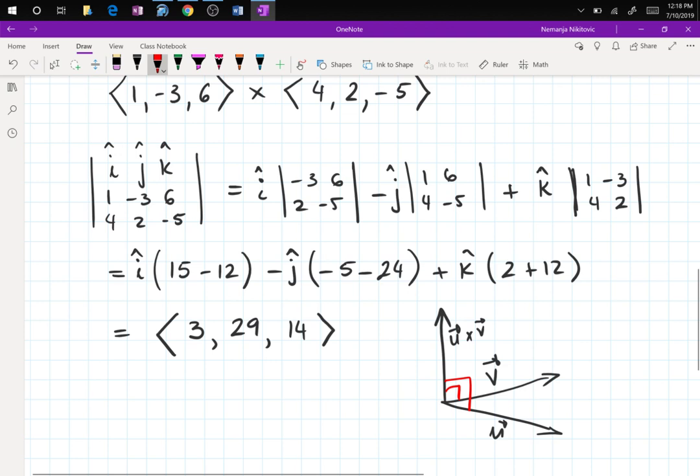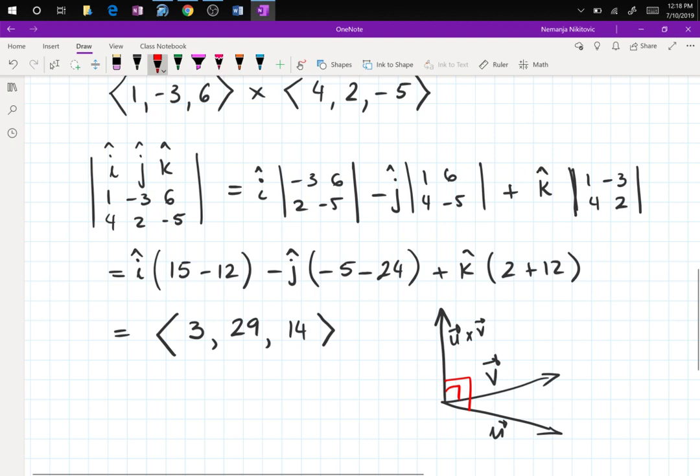Your vectors u and v are both sitting on the floor of this classroom, let's say, and they will multiply into a vector that is perpendicular. So I'm orthogonal to the surface of the floor. So there are 2 vectors in the plane that, when multiplied, will give you the vector corresponding to my height.